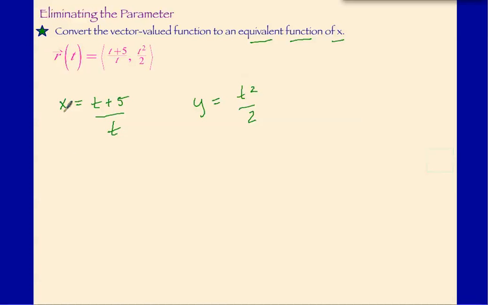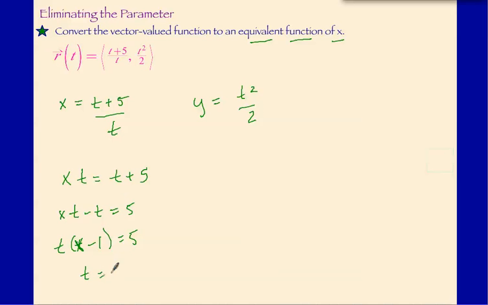I'm going to solve for t over here. First of all, cross multiplying gives me xt equals t plus 5. If I subtract the t over and then factor out the t, oops, that should be t times (x minus 1) equals 5.